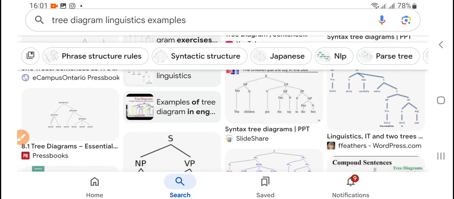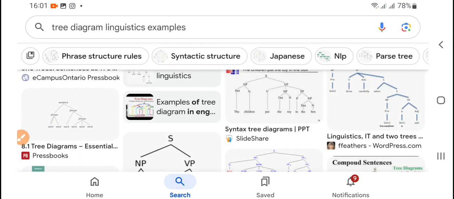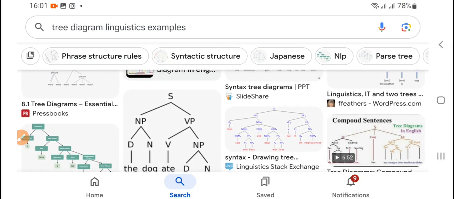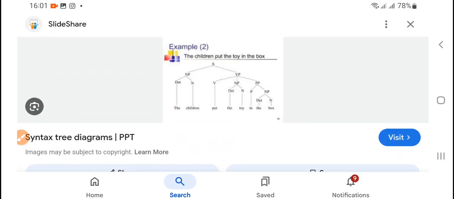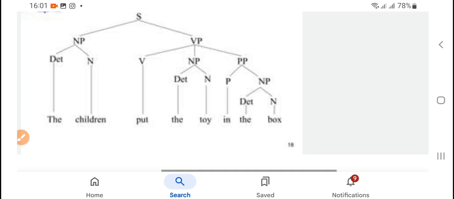Okay, now moving to the next, that is a very beautiful diagram. Actually, sentences are divided into phrases. So phrases, and finally we have to find out the word and relation of the words. Now, this is another sentence. The children put the toy in the box.